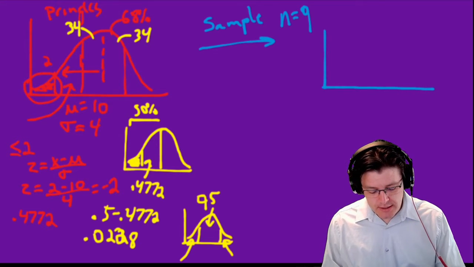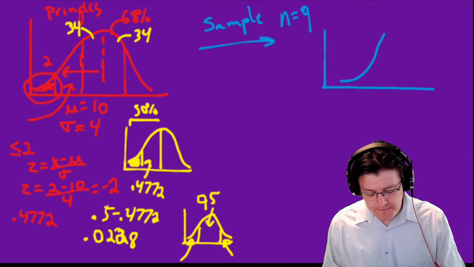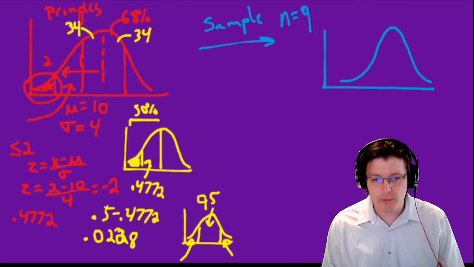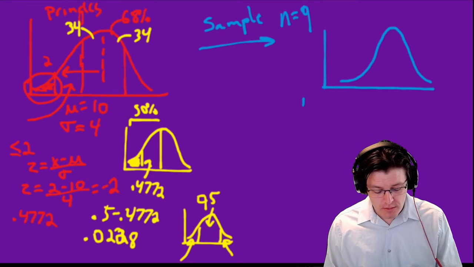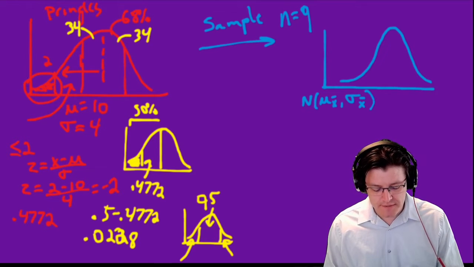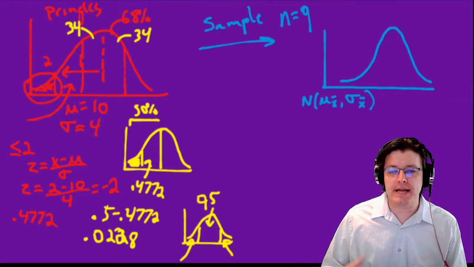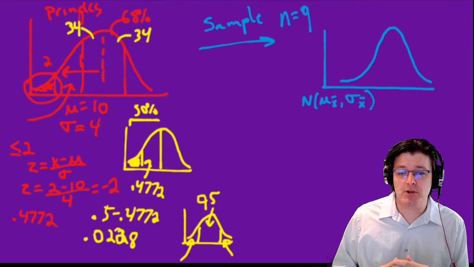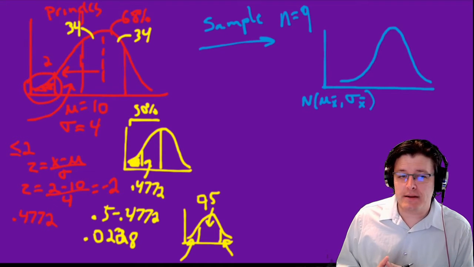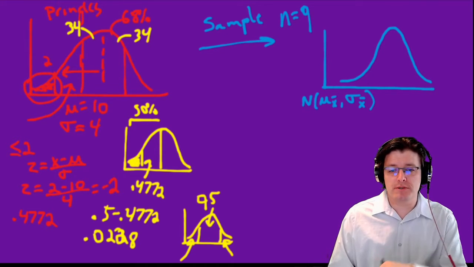Okay, so let's draw out a normal distribution. What do we need to know? We still need to know what is the mean of the sample means and what is the standard deviation of the sample means, or the standard error. So n equals 9 is our sample size. So we're taking a sample of 9 people, right?